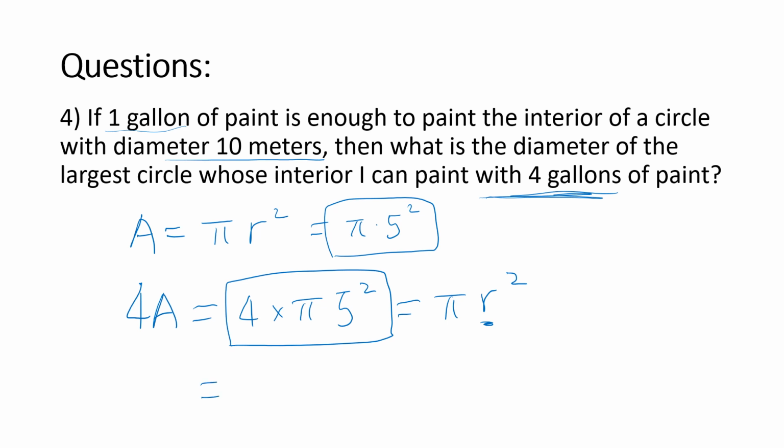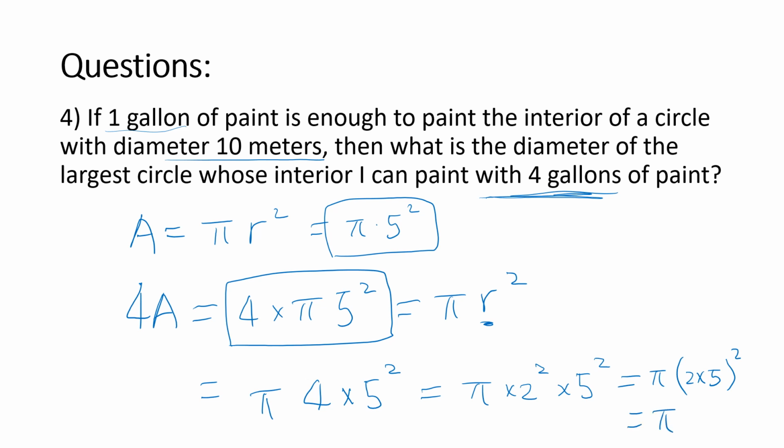So this would give you pi times 4 times 5 squared. The 4 is 2 squared. Now we can combine 2 multiplied by 5 squared. That would give you pi times 10 squared. So the new radius would be of length 10. So the diameter, therefore, would be double that, which is 20.